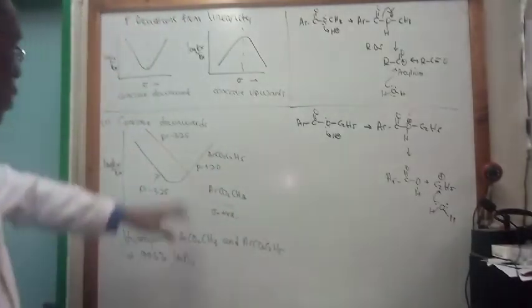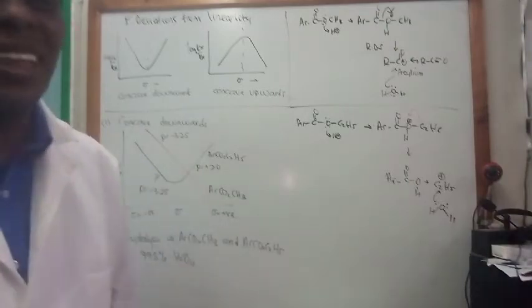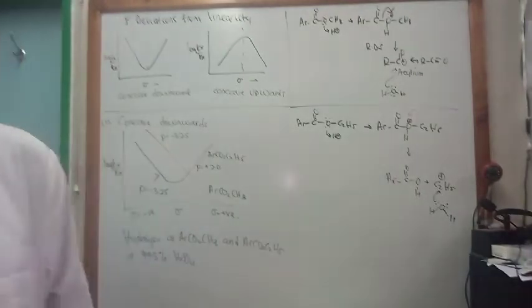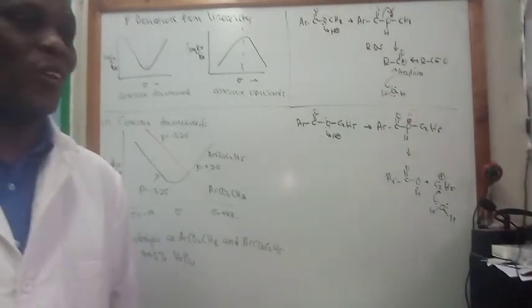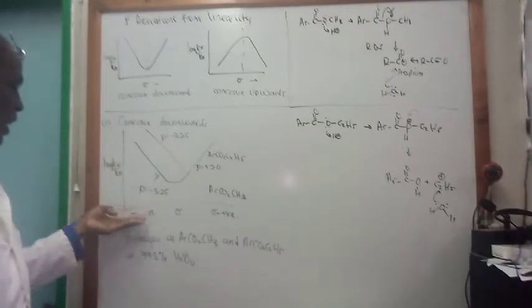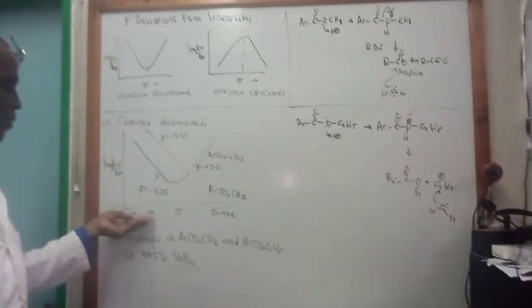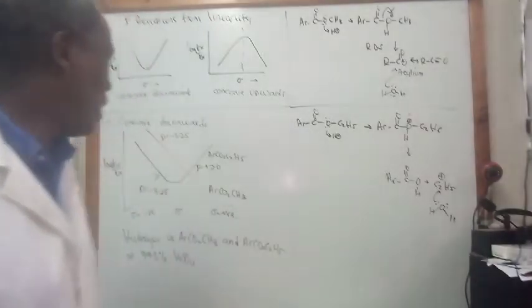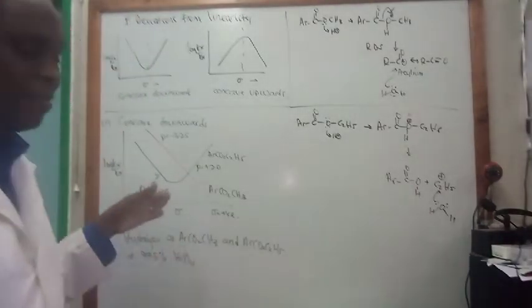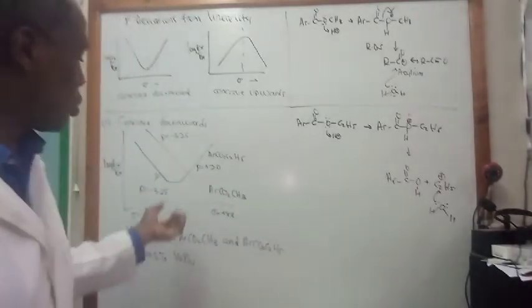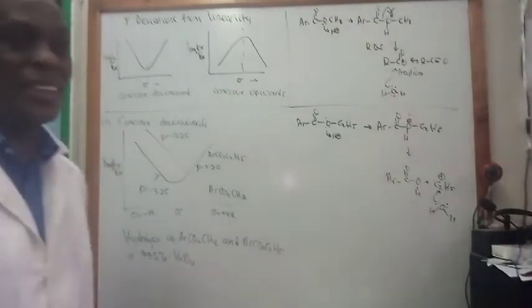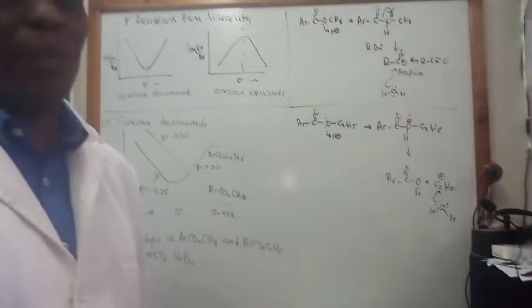That when the rho is negative, it means that there is a developing positive charge in the reaction center, and therefore the groups which donate electrons, like the ones with negative sigma values, are going to have the highest rate, and the groups which withdraw electrons, like the nitro group, are going to have the smallest rate, because they are destabilizing the developing positive charge.